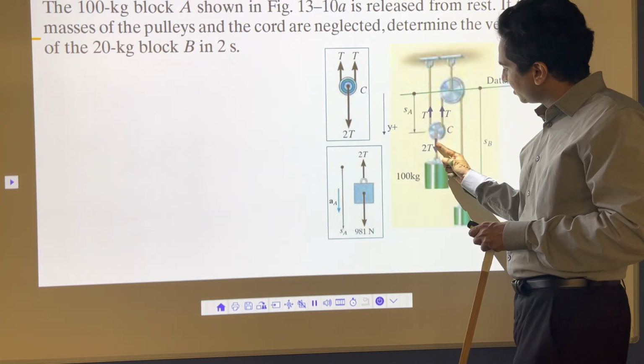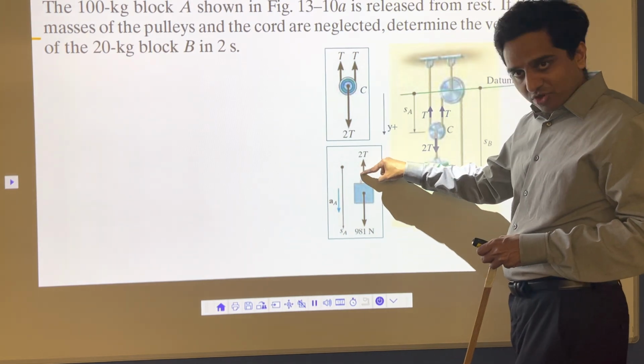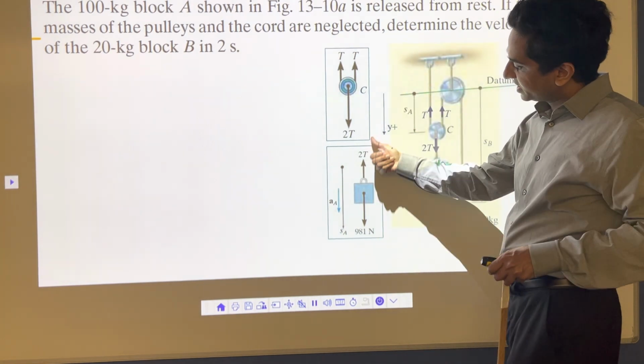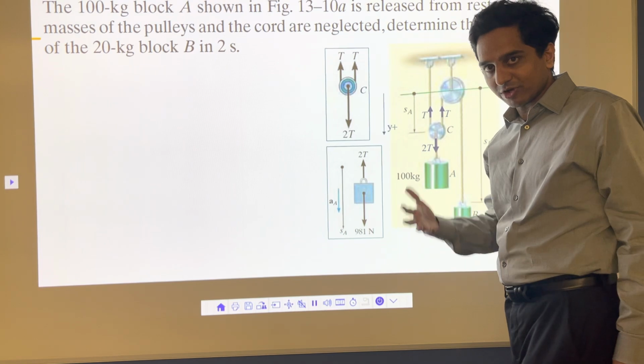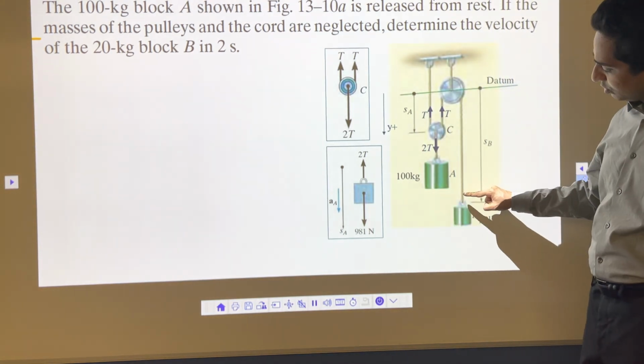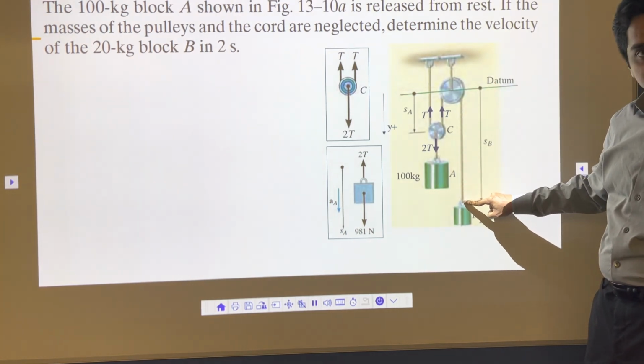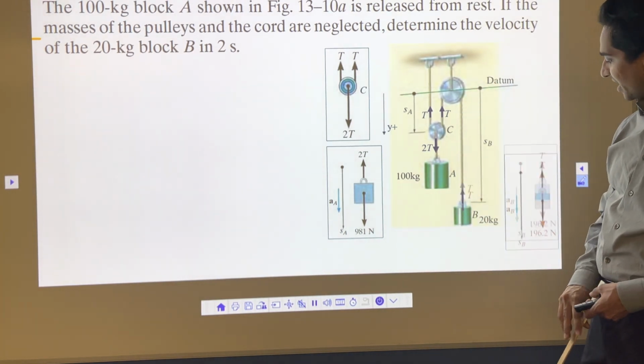If I am standing here and here, it will look like this. For this weight, if I am standing above the weight, it will look like this in this direction. That's how the tension force works. You have to stand in front of the object and then pull it. So for this one, I am going to stand here and then pull it. So the tension force here is like this, and that's the free body diagram we get.